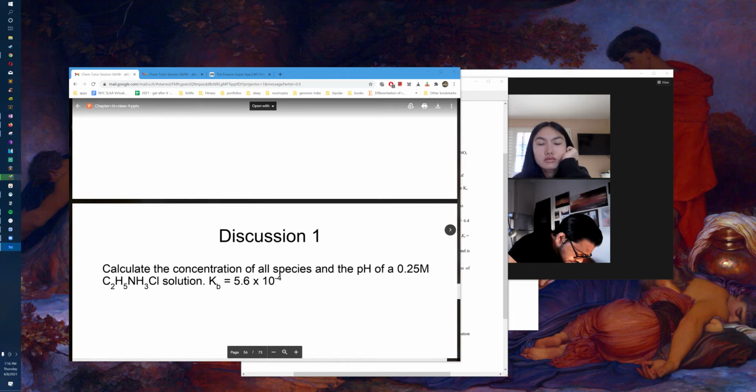And we just need to calculate the concentration of acetic acid, right? So we could just do 1.3 E negative 3 squared over concentration of HA. And I'll just algebraically manipulate this to get HA concentration is equal to 1.3 E negative 3 squared over 1.8 E negative 5.